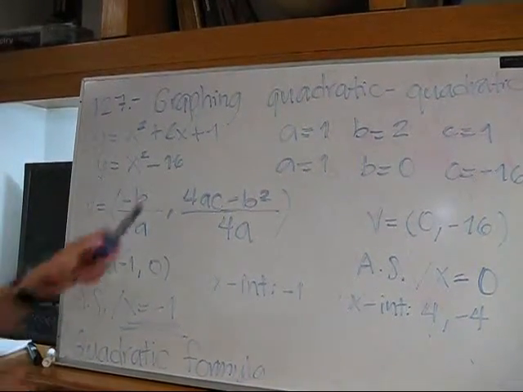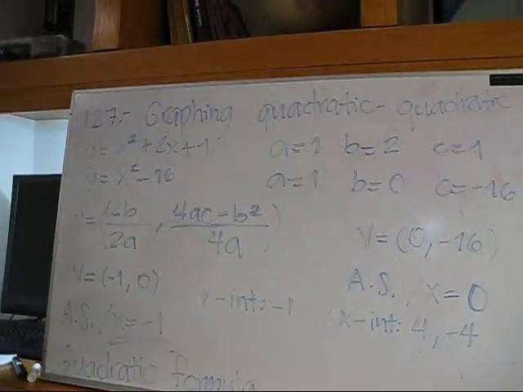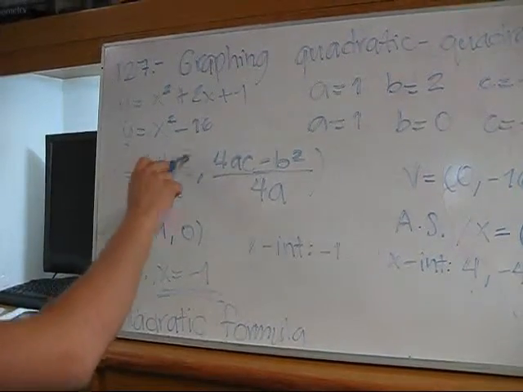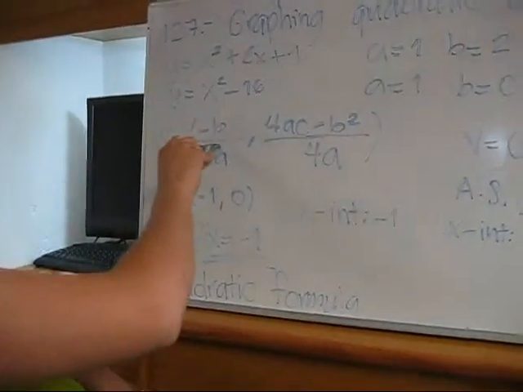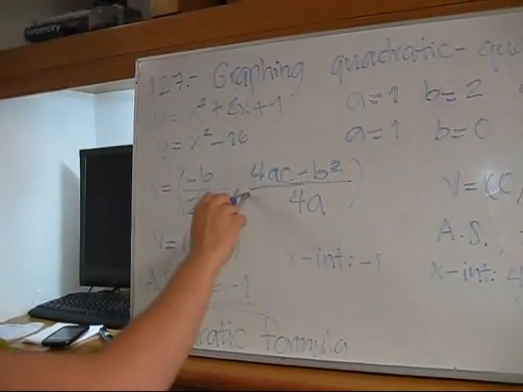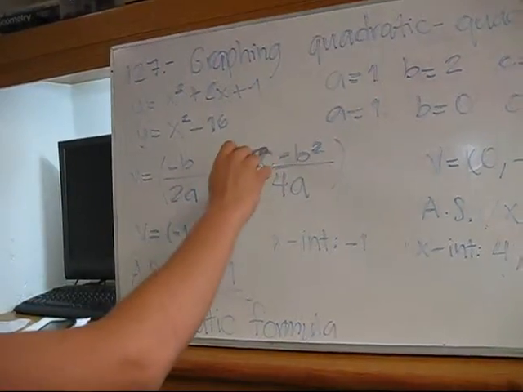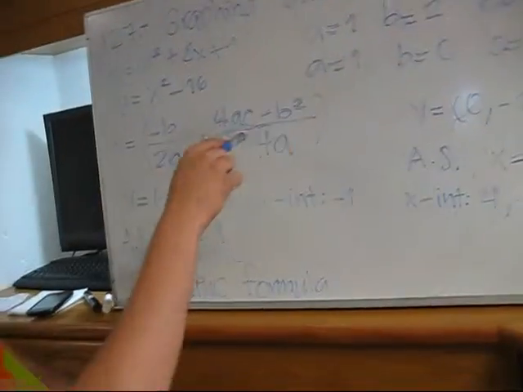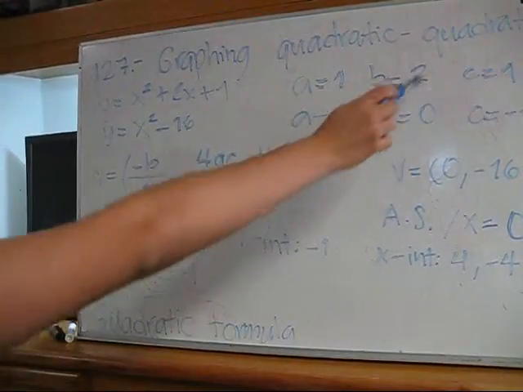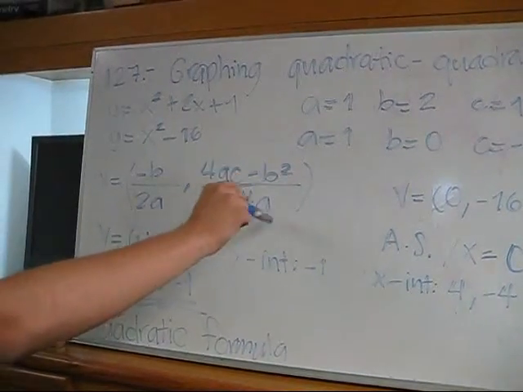After you have the values of a, b, and c, you have to get the vertex. You substitute in the values. Negative b will be negative 2 divided by 2a, 2 multiplied by 1, comma, 4a times c, which is 4 times 1 times 1, minus b squared, which is 2 squared, divided by 4a, so 4 times 1.